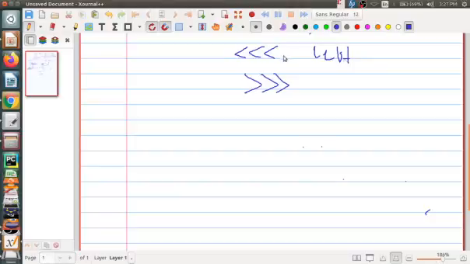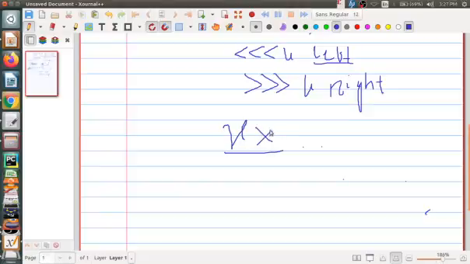Whenever it is a left shift, it is similar to x into 2 to the n. Nothing new, this is the same as the signed bit.